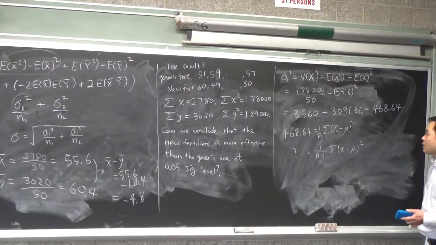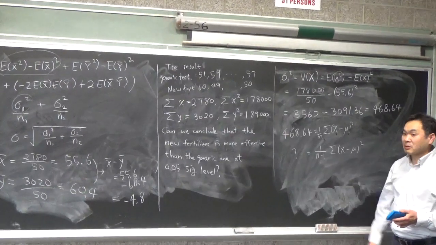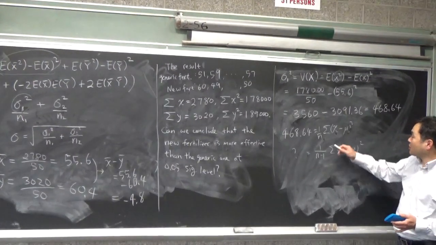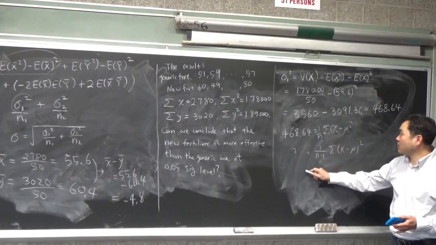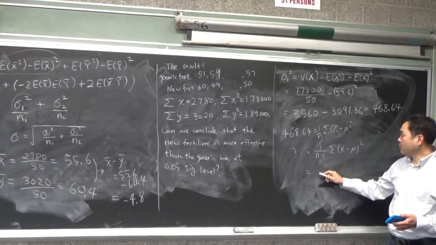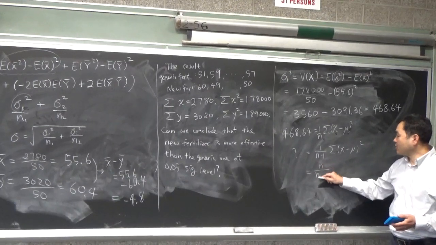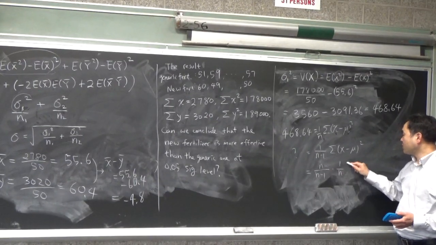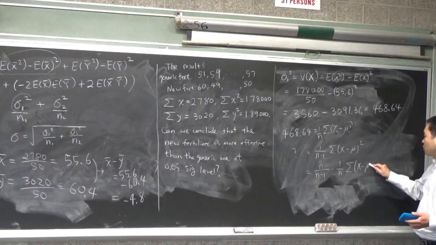So you have to instead divide by n minus 1, but here's how you think about it. You can think of this as n over n minus 1 times 1 over n sum of x minus mu squared.